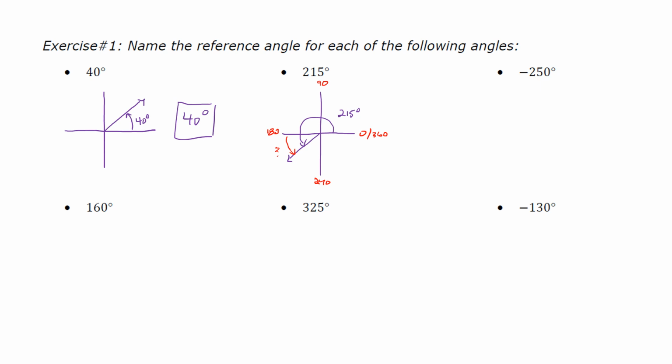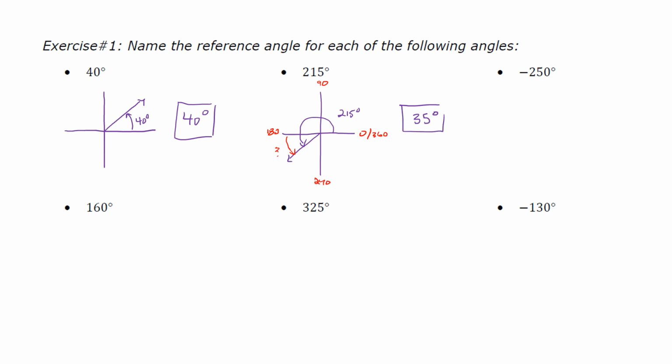So if I eliminate 180 from the 215, I'll get my reference angle, or the part that is missing to complete my 215. And so my reference angle will come out to be 35 degrees.